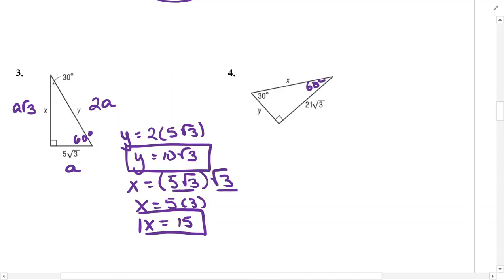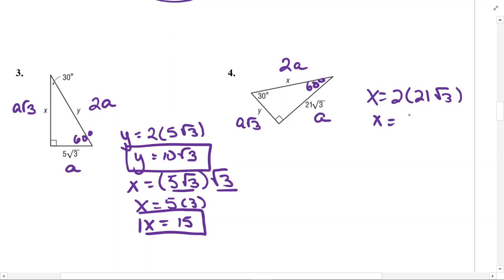This here is our 60-degree angle, and I know the picture doesn't look correct, but you have to go with the flow because that's what they're teaching you, to see if you can recognize what's close to the 60-degree angle. This would be A. This would be A rad 3, and x would be 2A. So x would be 2 times 21 rad 3.